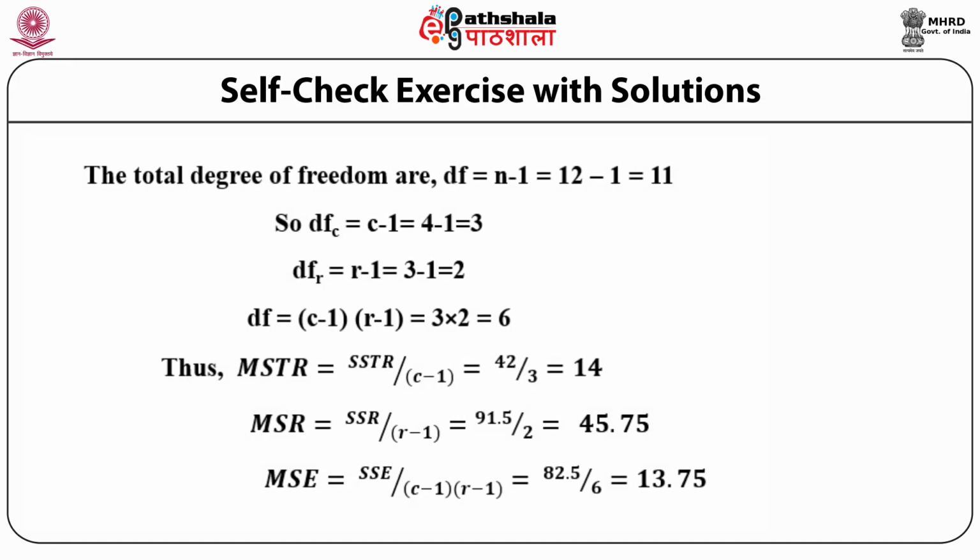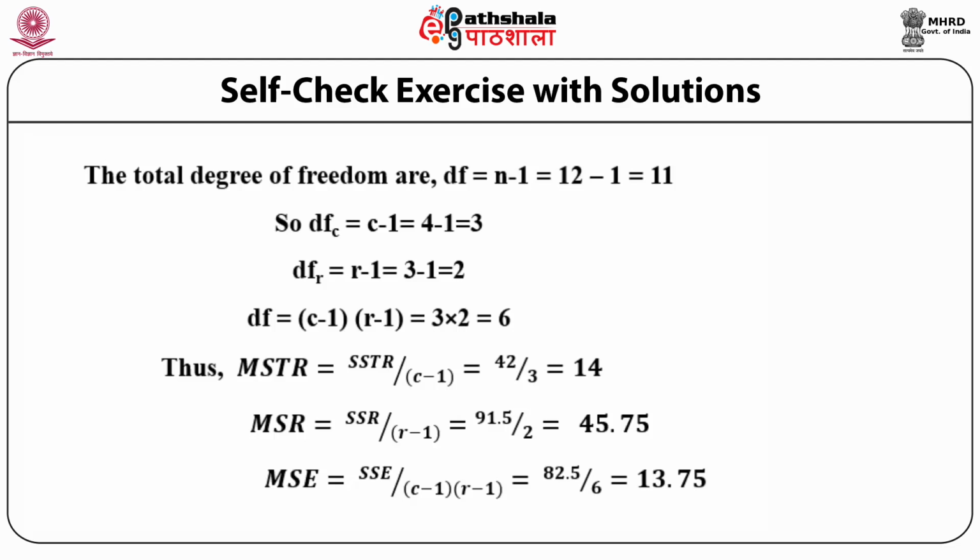For columns it is C minus 1, there are 4 columns, so 4 minus 1 is equal to 3, and for rows, since there are 3 rows, it is 3 minus 1 is equal to 2. So multiplying these two degrees of freedom, we get (C minus 1) into (R minus 1), that is 3 into 2, as we defined previously, and that is the residual error.